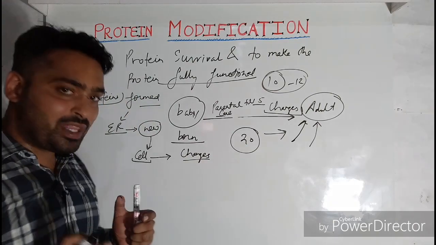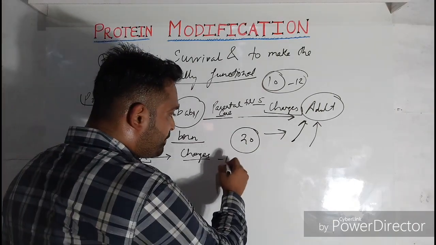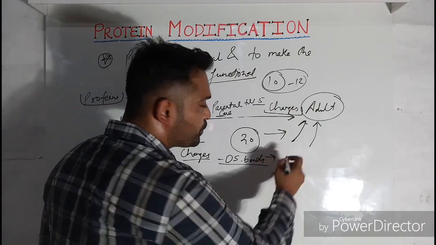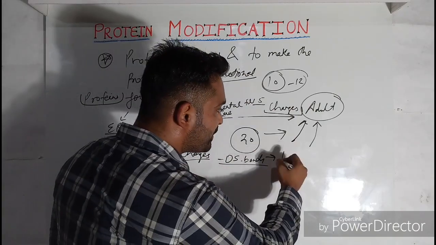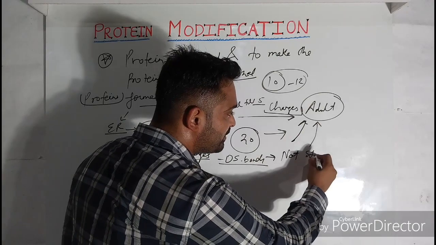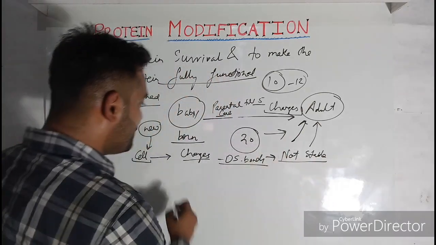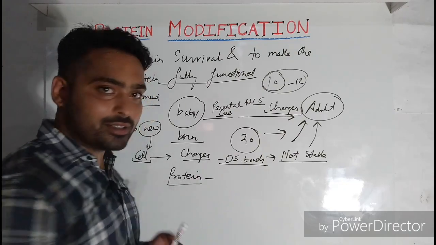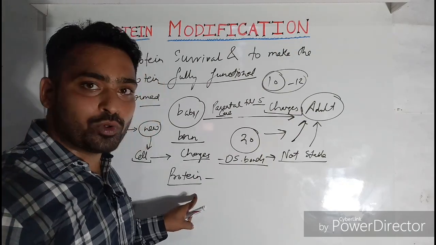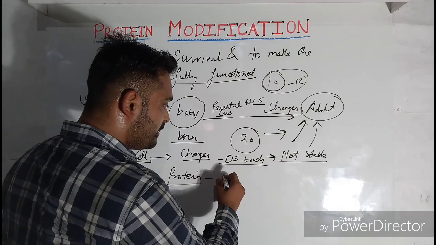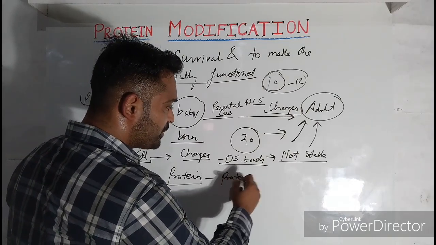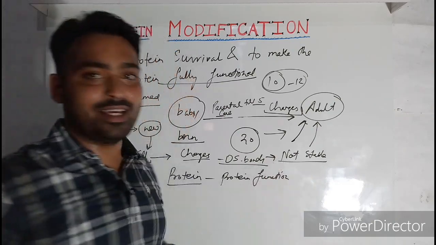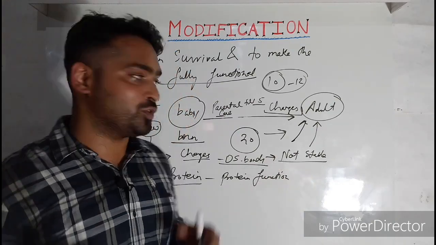Suppose the disulfide bonds are not added, the protein would not be stable, and if protein folding is not done to the protein, what would happen? The protein function would not be executed.